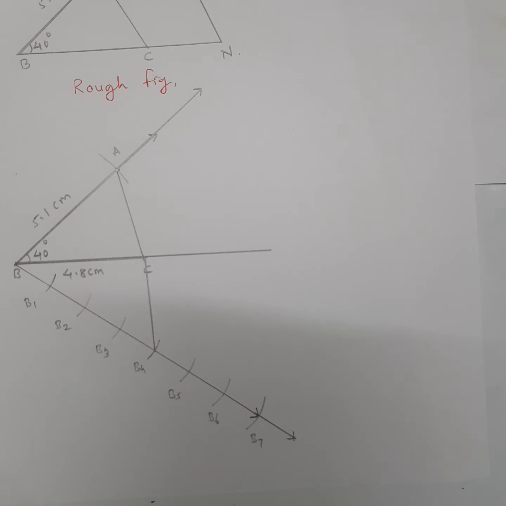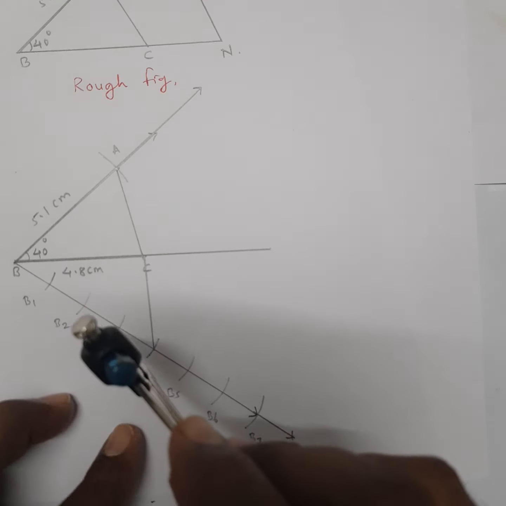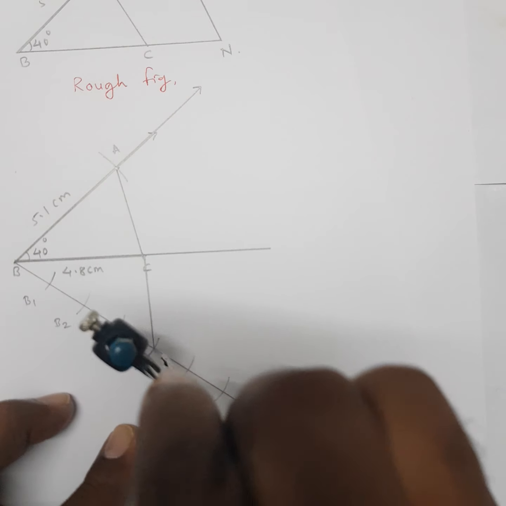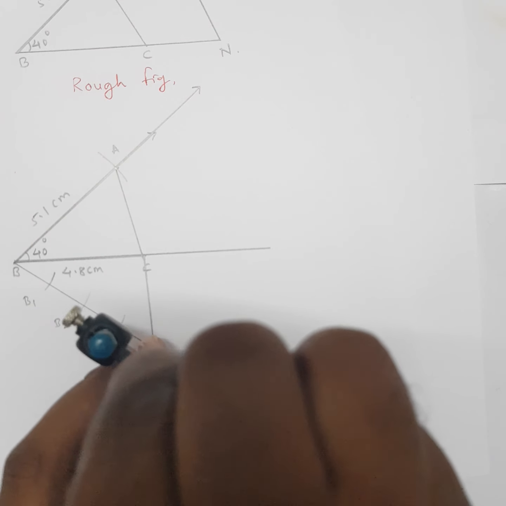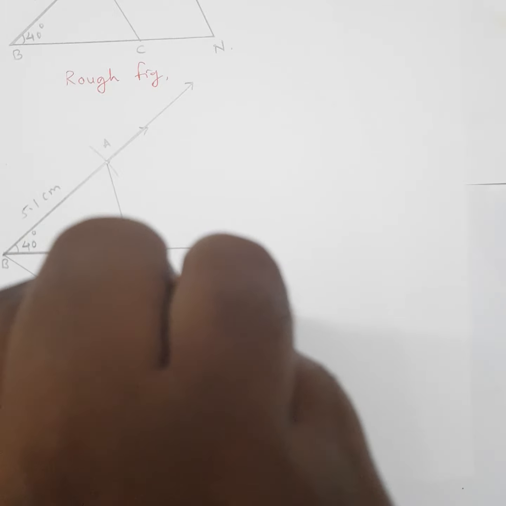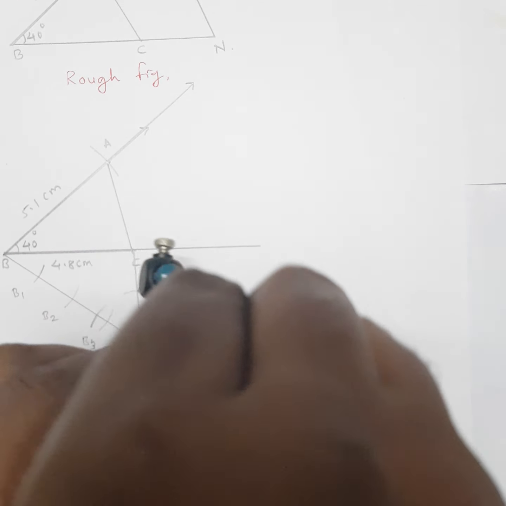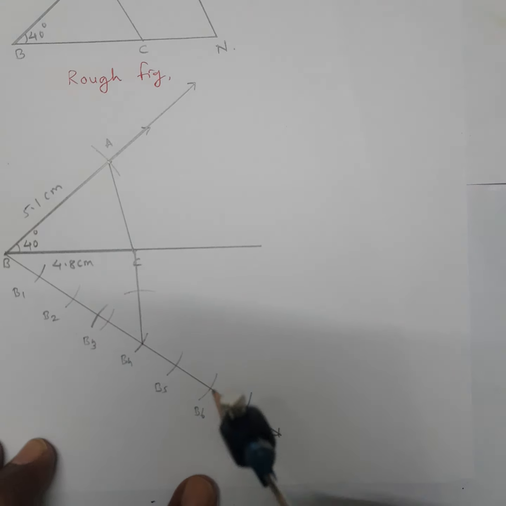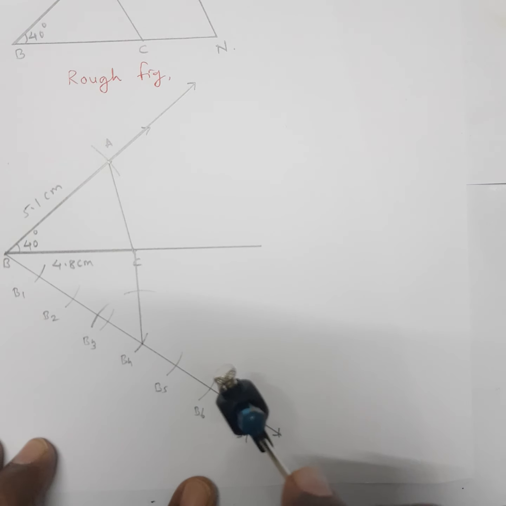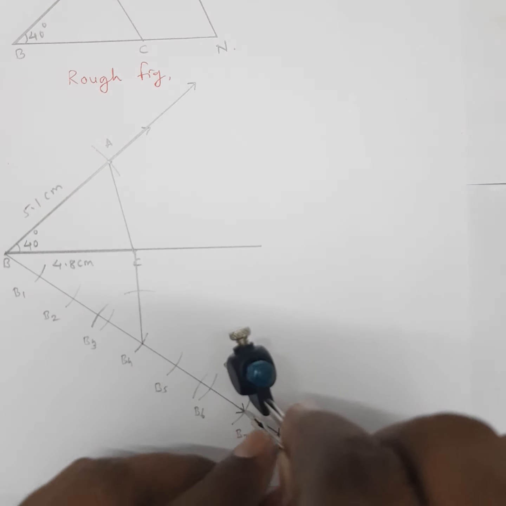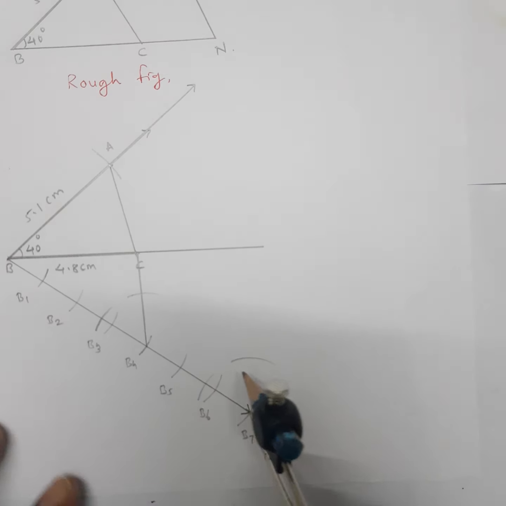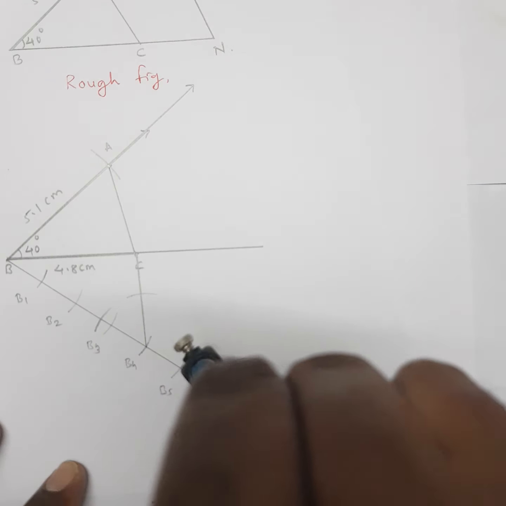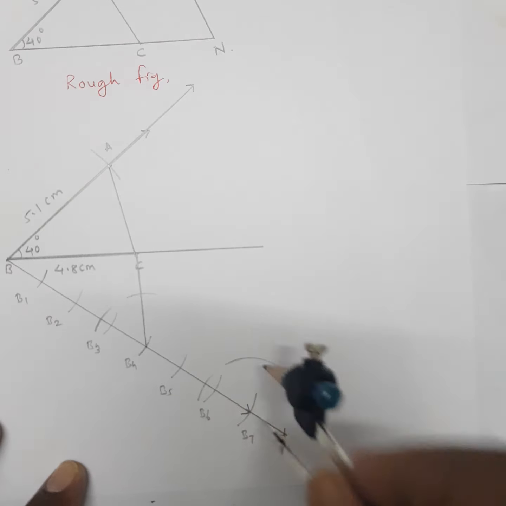So we will use the compass for that. First take any two arcs on the two arms, with a similar distance in the compass, and take two arcs, one on this ray and the other in the empty space.